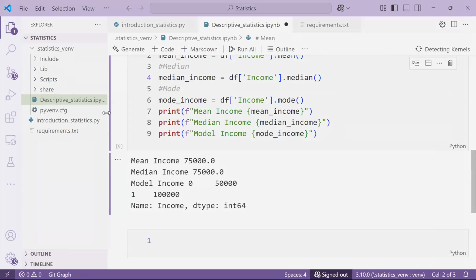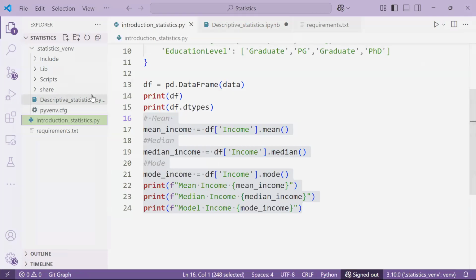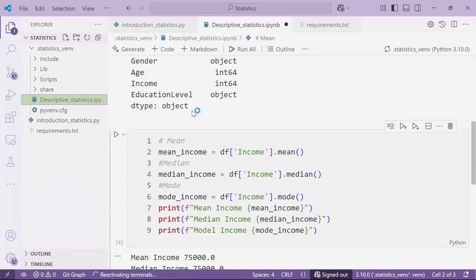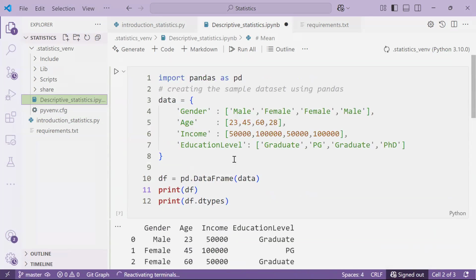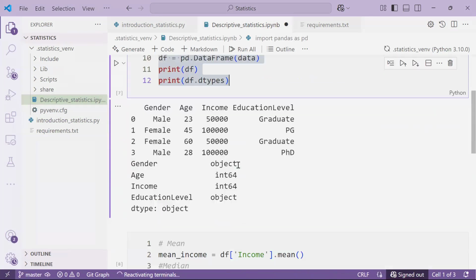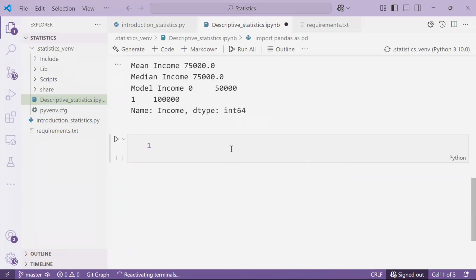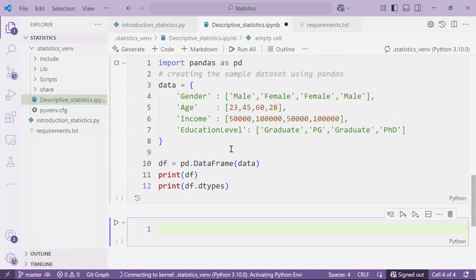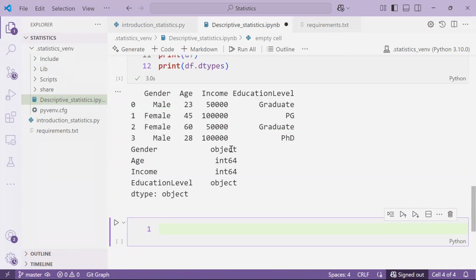In yesterday's session we covered mean, median, and mode.